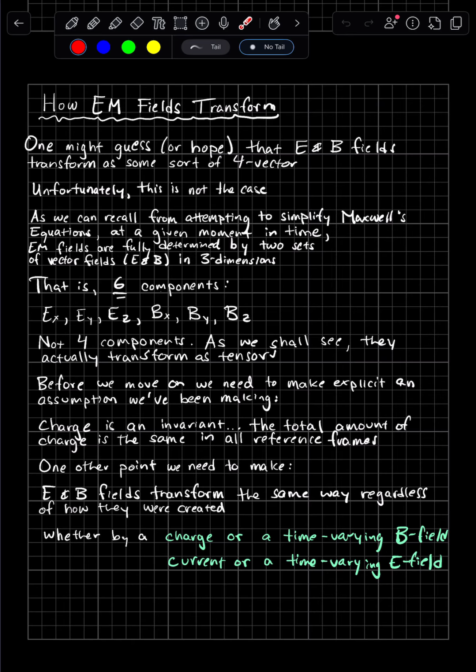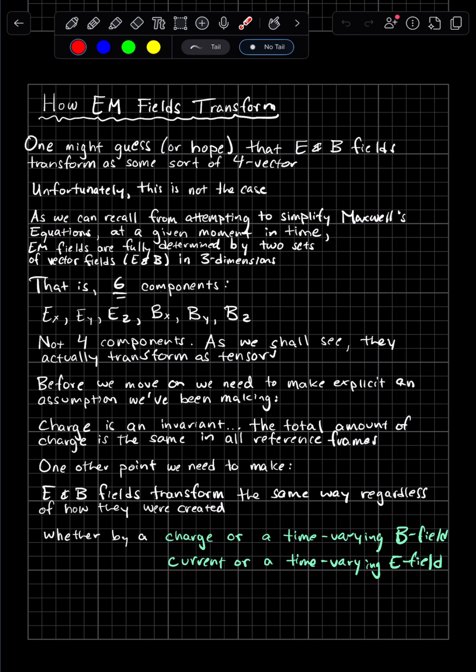One other point that we need to make is that E and B fields transform the same way regardless of how they were created. What I mean by that is I could create an E field using a charge or a charge distribution, but I can also create an E field from a time varying B field. Similarly, I can create a B field from a current or from a time varying E field.